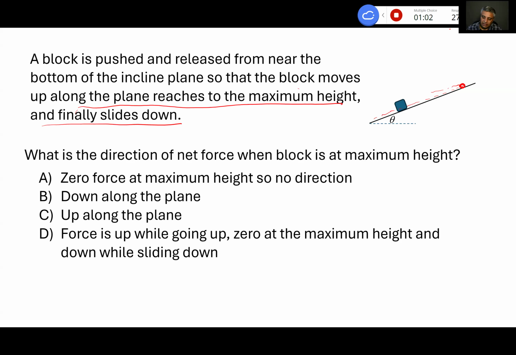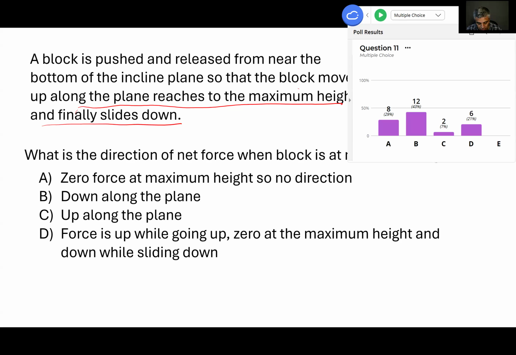Five more seconds. 5, 4, 3, 2, 1, and it stops. Okay, let's see what we got. Oh, we have a variety of answers.